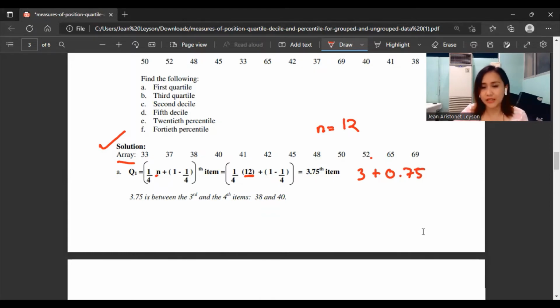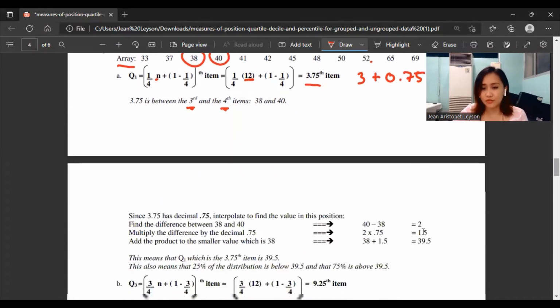So adding, we have 3.75. So our first quartile lies in the 3.75th item. So 3.75, take note, is between the third and the fourth item. So the third item is 38. The fourth item is 40. So since it's in between those two numbers, we need to interpolate.